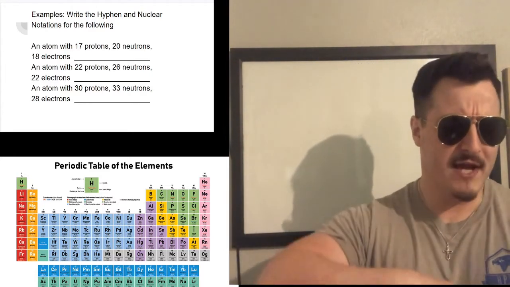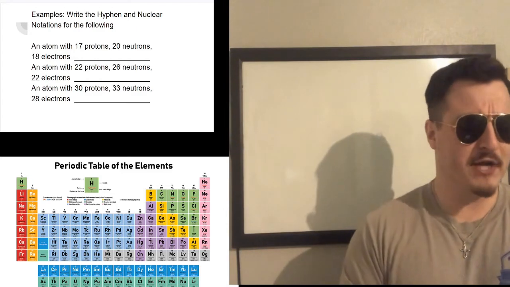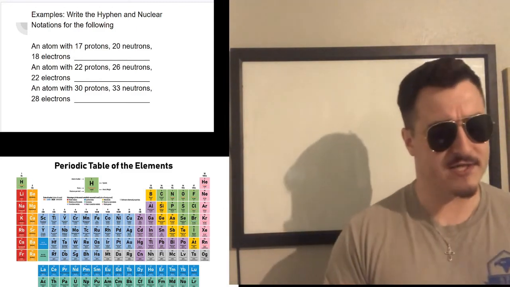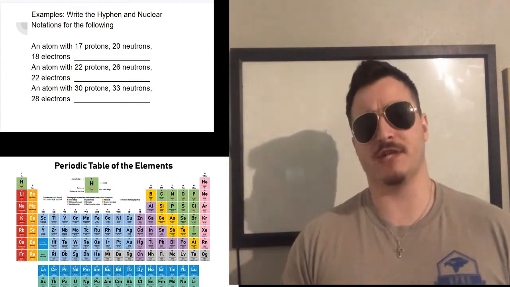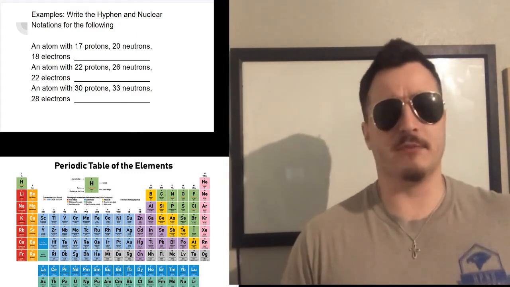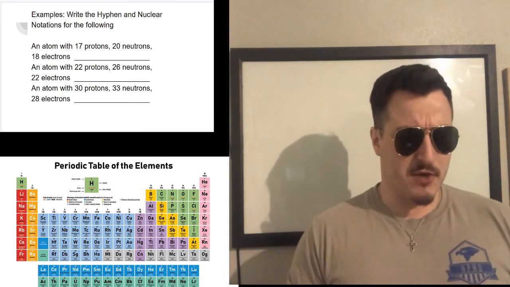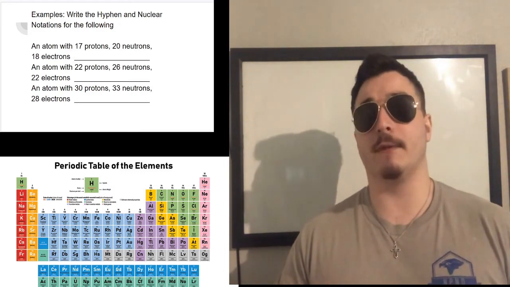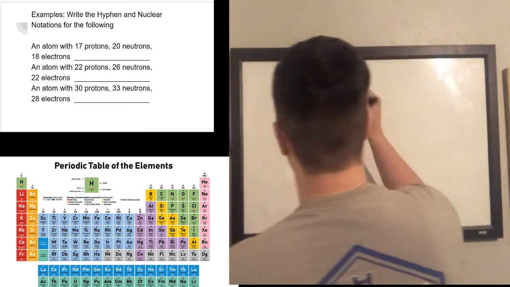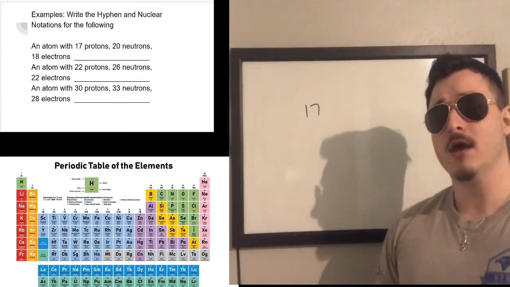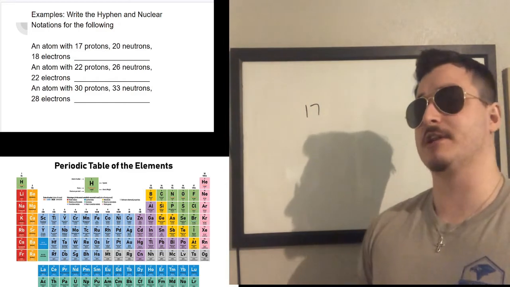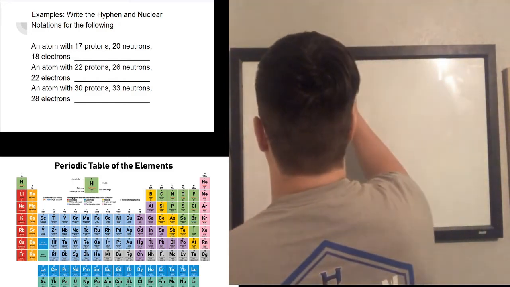So our first example: an atom with 17 protons, 20 neutrons, and 18 electrons. Let's just start with the nuclear symbol notation, since hyphen notation uses everything the nuclear symbol notation already includes. Let's start with the 17 protons. That tells us what element we have here. If it has 17 protons, the atomic number is 17, which means we simply need to look at number 17 on the periodic table, which is chlorine.